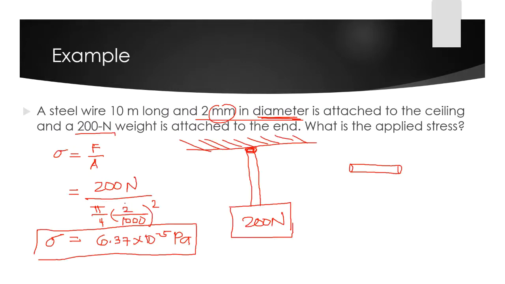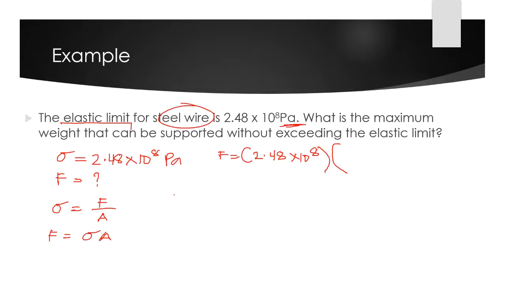So if we would calculate the area, this is our area. So basically, the area is just equivalent to 3.14 times 10 raised to negative 6 meters squared.